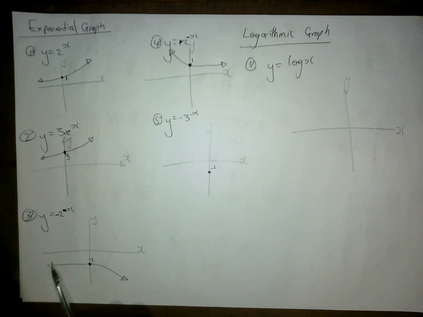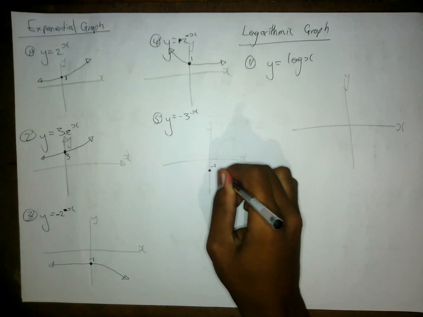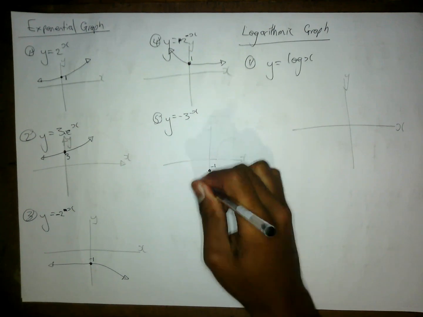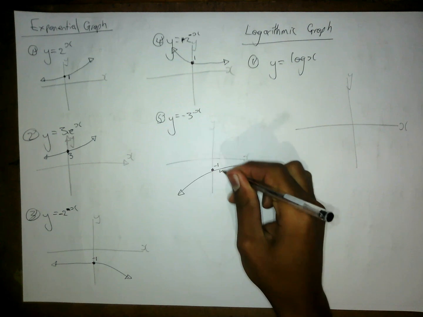If the positive exponent goes like this on the negative graph, the negative exponent is going this way. It's going to go opposite.